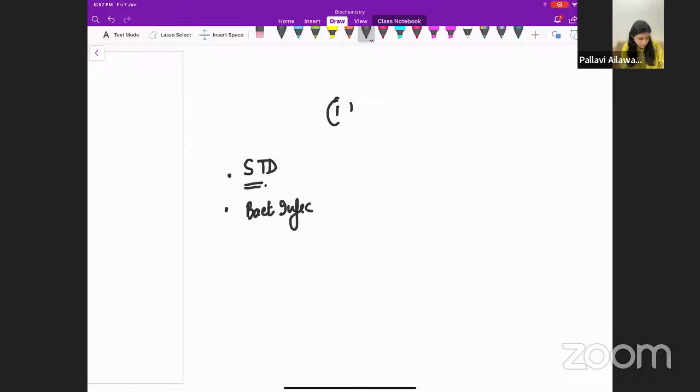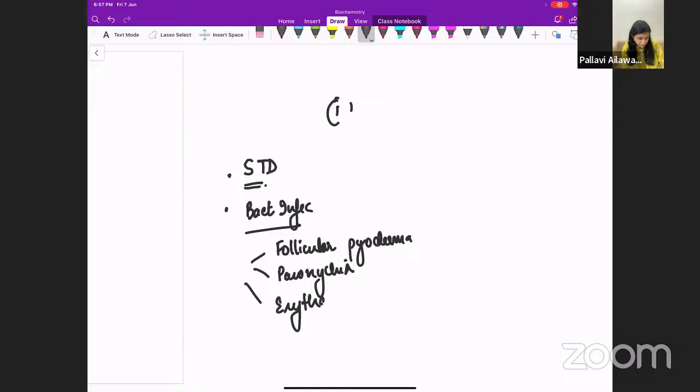In the bacterial infections, a question on follicular pyodermas, like there has been a question on a patient suffering from paronychia in the 2022 paper. Then there are questions on erythrasma. Then you get questions on erysipelas. So amongst the bacterial infections, these are most common.